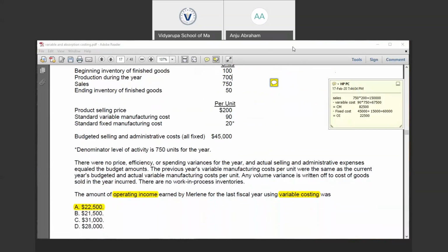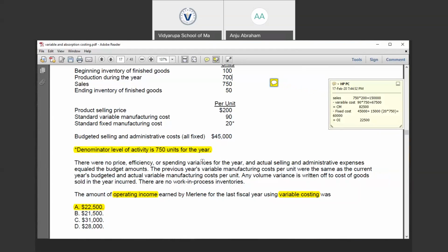Are you clear? Okay. So 20 into 750 is 15,000. So total becomes 60,000. So operating income, contribution margin minus fixed cost, is 22,500. So please check the information on the denominator level of activity and 50 units for the year.